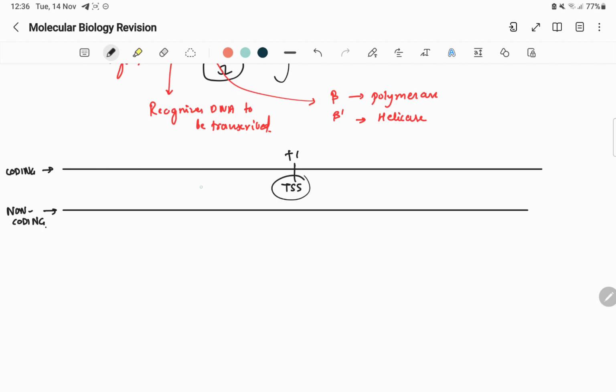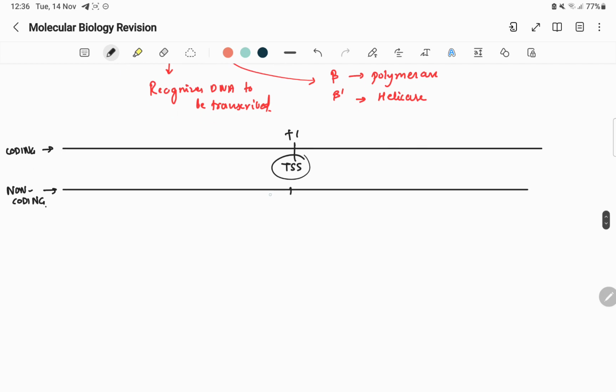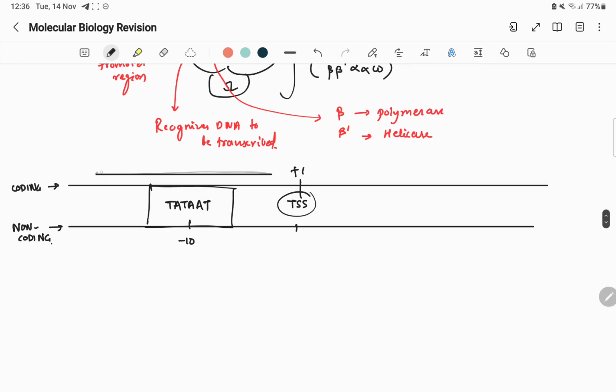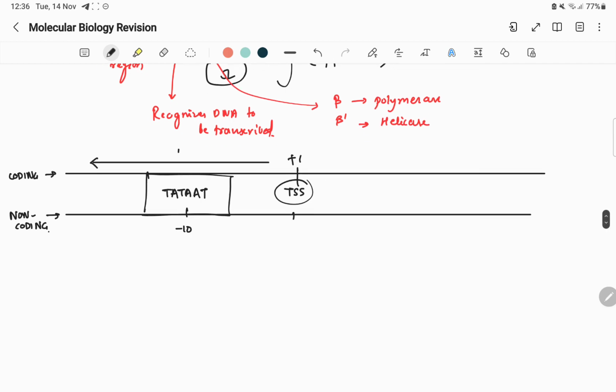At the -10 position we have a box, which is TATAAT. If we go to the left side from the +1 region, it is called upstream, and if you go the other way, it is called downstream.